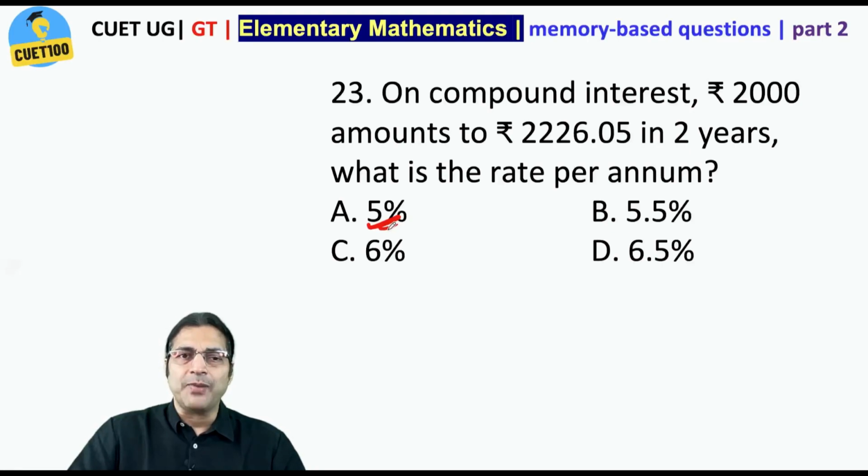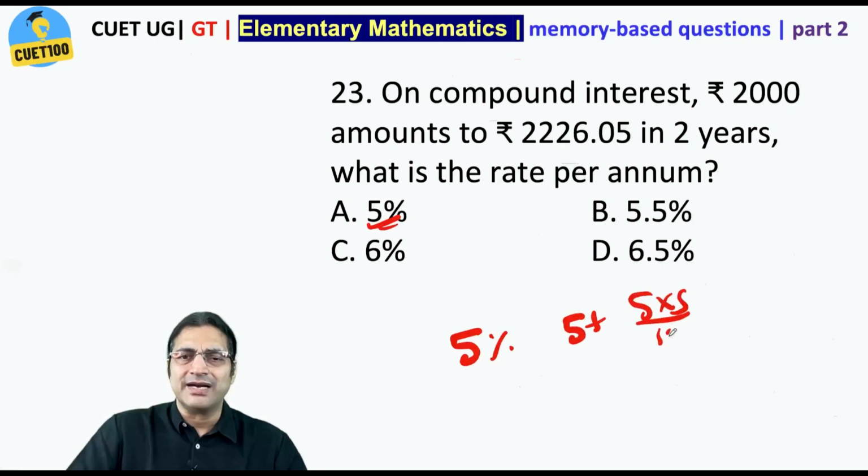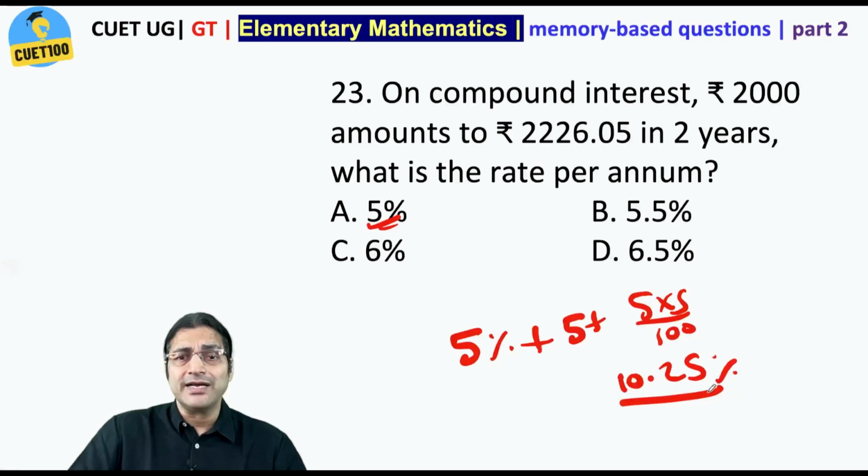Because on compound interest also 5% in the first year and 5 plus 5 into 5 by 100, that is 10.25 total would be there, total interest, right? 10.25%. Now, 10% of 2000 is 200, right? And 1% is how much? 1% is 20. 0.25% is how much? Is 5.